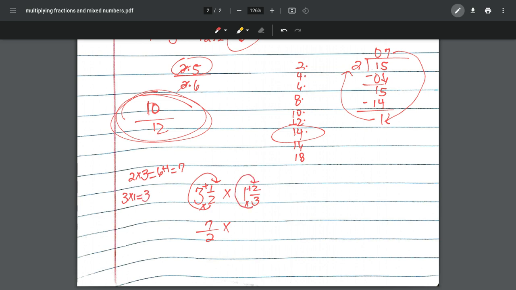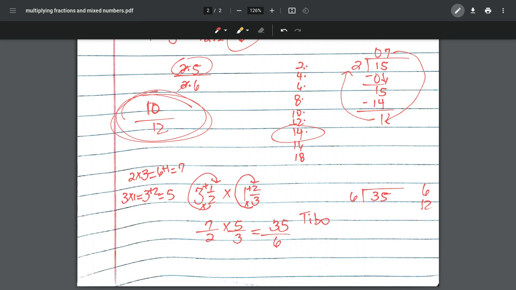And then I'm going to add the 2, and that's 5. Keep your same denominator. So top times top, 7 times 5 is 35, and 2 times 3, bottom times bottom is 6. Well, now the top number is larger and the bottom number is smaller. So I'm going to TIBO, top in, bottom out. Take the bottom number, put it out, top number, put it in.